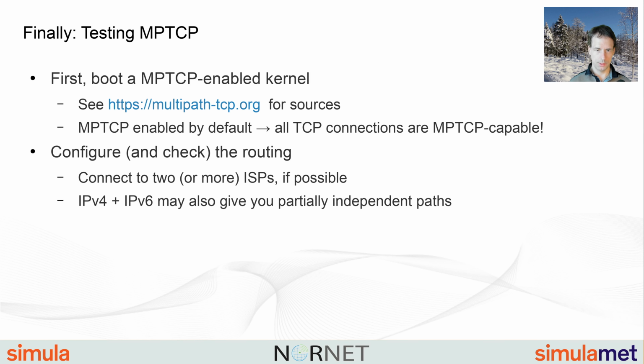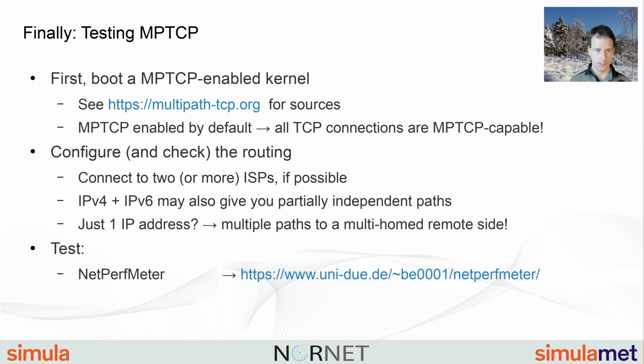And of course you can test the routing with ping, and particularly an interesting test tool is netperfmeter. I come to this test tool later again, which has the possibility to turn selectively MPTCP on and off, so we can make comparisons between TCP, SCTP, DCCP, UDP, and of course MPTCP.